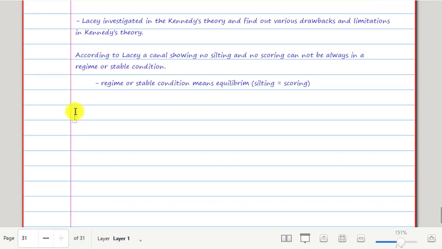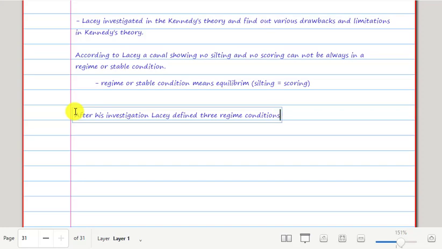So after giving this statement, what did Lacey do? After his investigation, Lacey defined 3 regime conditions. What were they?